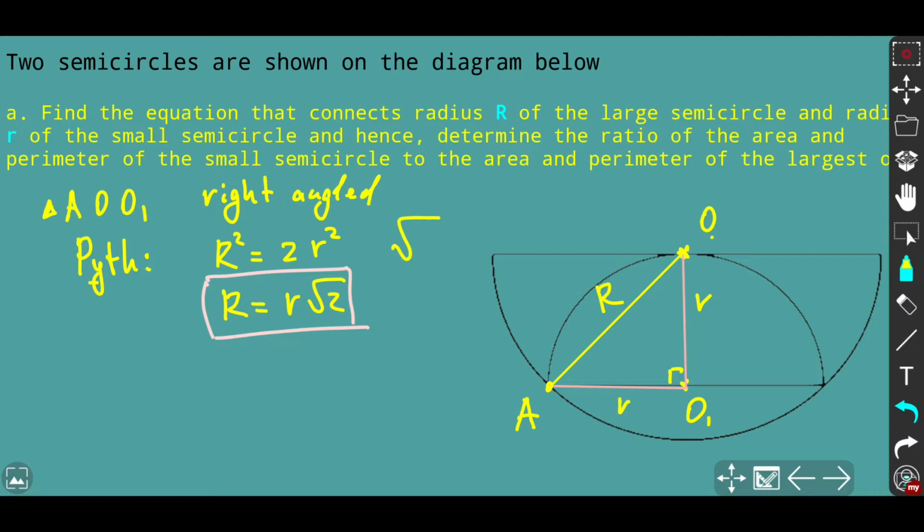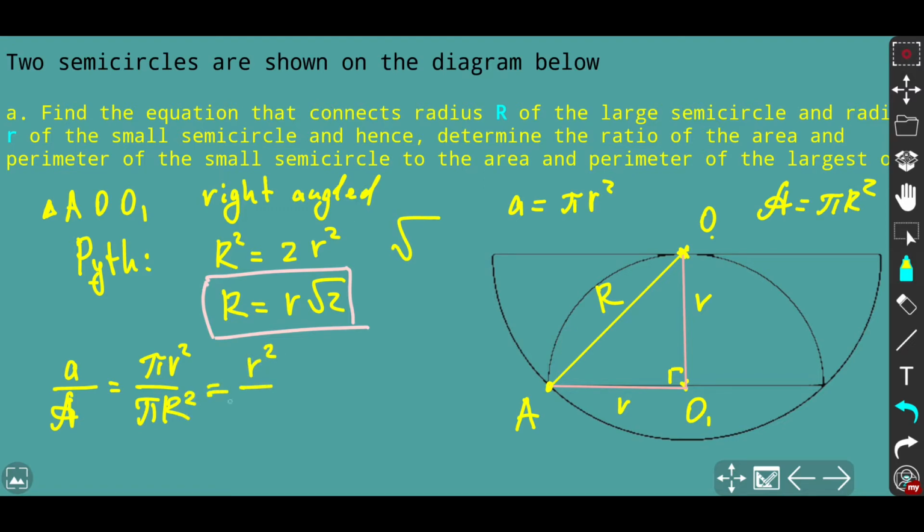Alright, so what we need to do is define the ratio of the areas. So let it be the small area to the big one, as we're required to do. So small semicircle area to the largest one. As you remember, any area, for example the small area, is going to be pi r squared, while the big one is going to be pi big R squared. In this case, if we put this in this ratio, we'll get the ratio of the squares of the radii.